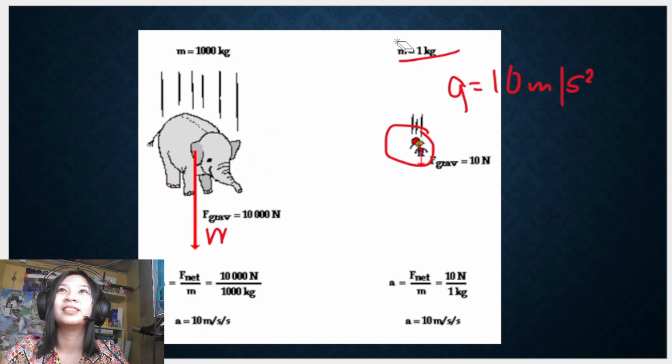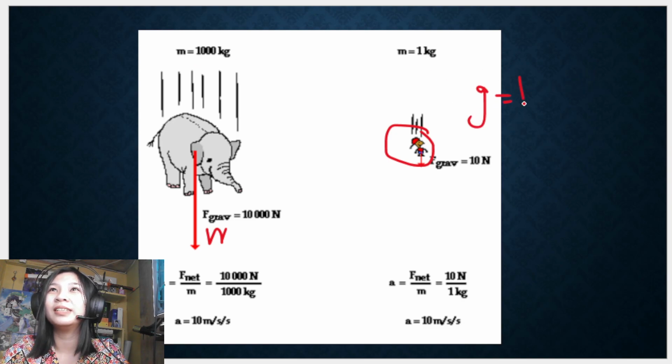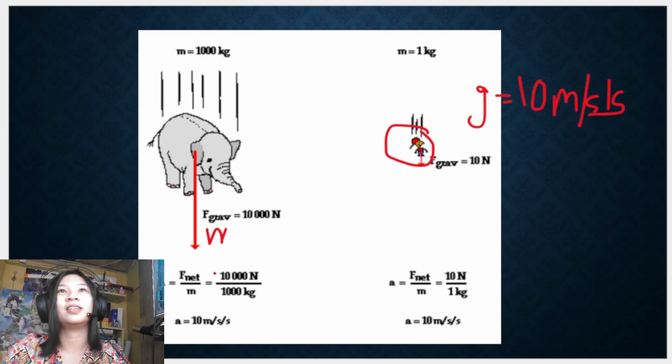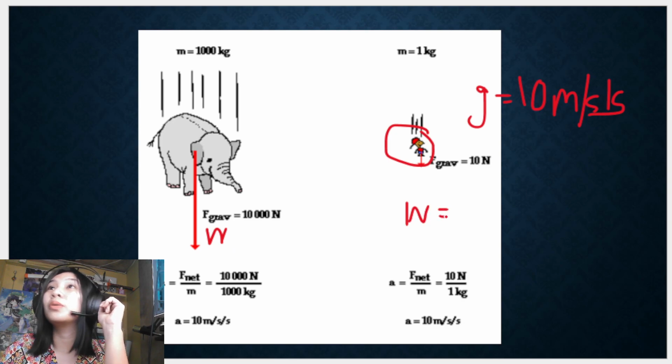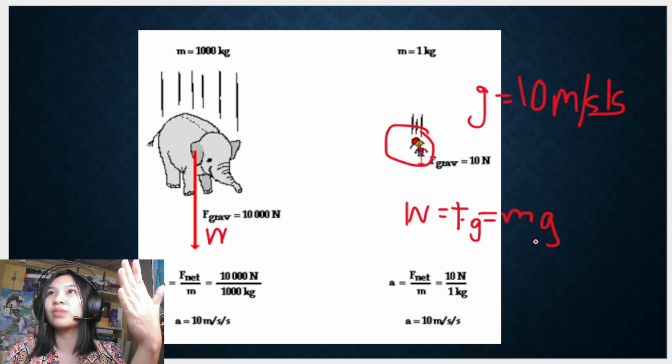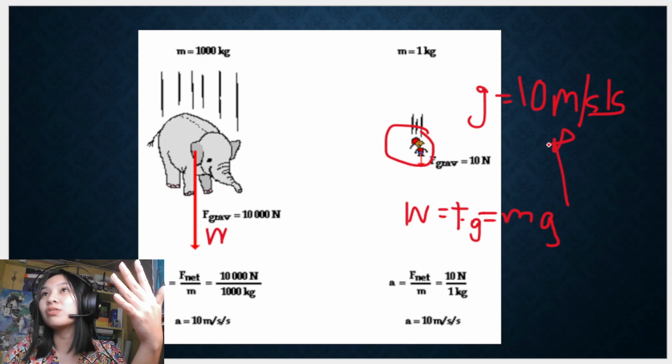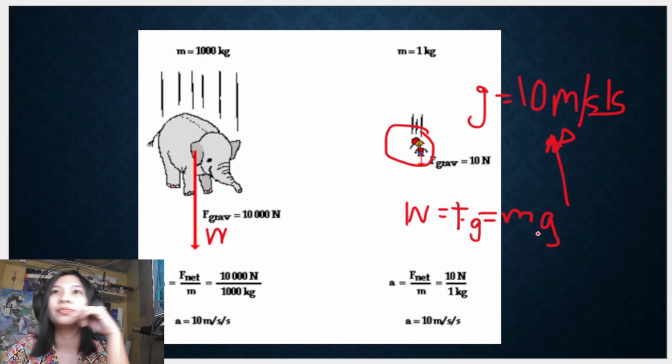Many of you made that mistake; I checked. So, Fg is your weight. What is the formula for weight? Weight, also known as Fg, is equal to the mass of the object times the acceleration due to gravity, which is, let's say, 10, so we can solve it easily.